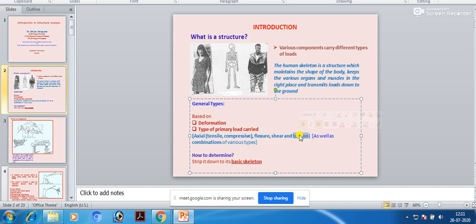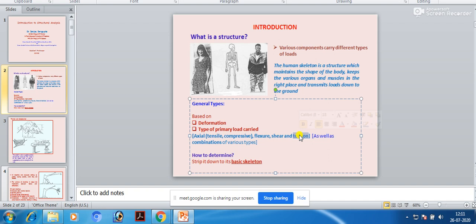So a civil engineering structure may carry axial load as well as bending. It may carry bending as well as shear. It may carry bending as well as torsion. It may carry bending, shear as well as torsion. So it may be a combination of various things. And if you think about the human skeleton and human structure also, we carry different types of loads.